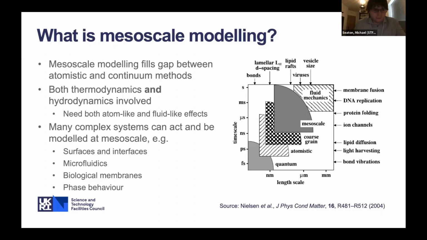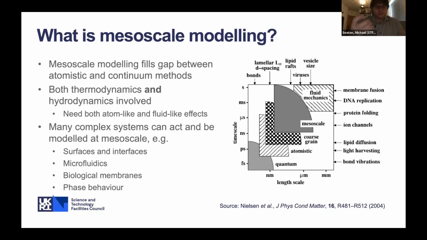The reason why we might be interested in modeling at the mesoscale is that a lot of fairly complex and interesting systems act at those length and time scales, and can be modeled there as well. A few examples I've got here: things like looking at surfaces and interfaces between fluids, and how fluids dominated by capillary effects behave.